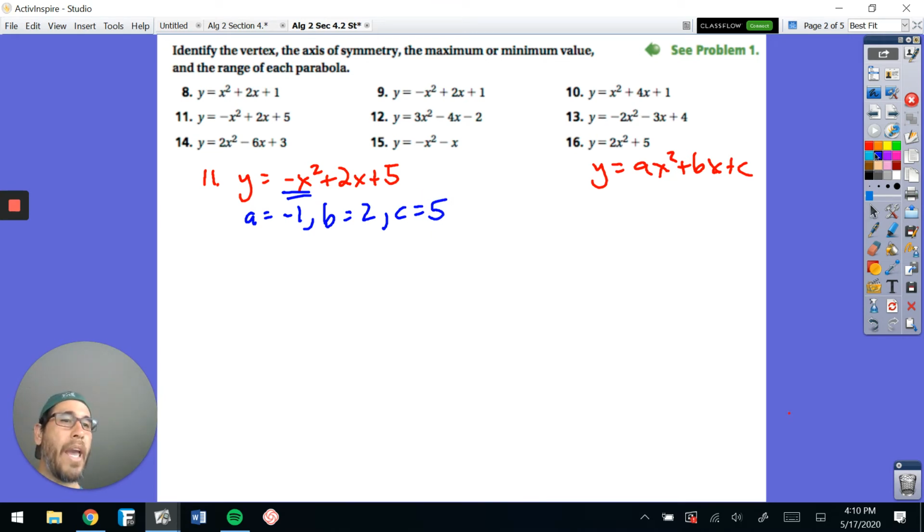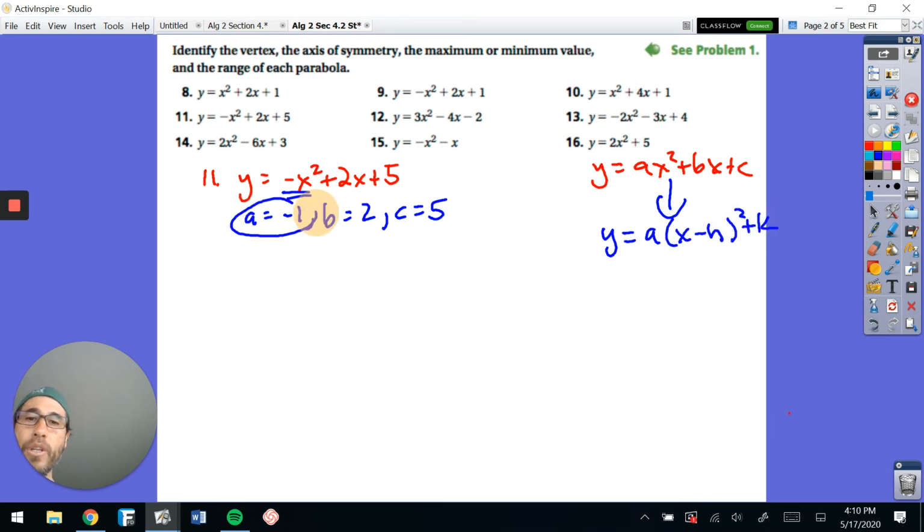Next, we have to change this from standard form into vertex form. What's vertex form? Remember, it is that right there. And we already know what A is. It's negative, which means it would be a parabola that goes down, or concave down.